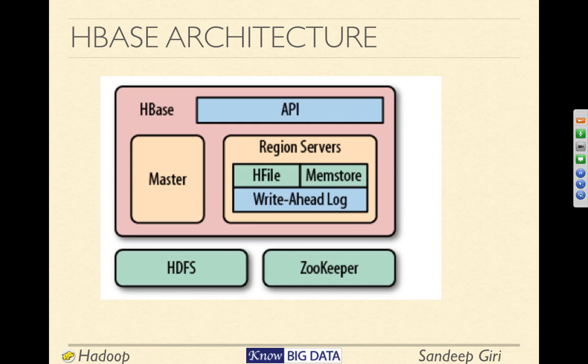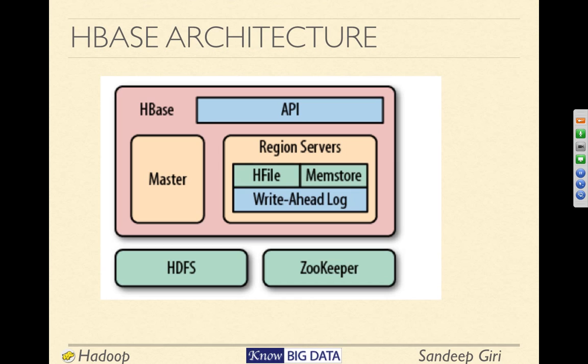Now this is the general architecture of HBase. At the bottom are HDFS and Zookeeper. Now, just above HDFS, we have the whole HBase. So HBase has something called HBase master, and then there are multiple region servers.